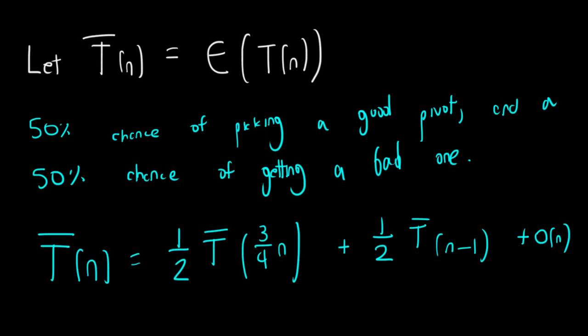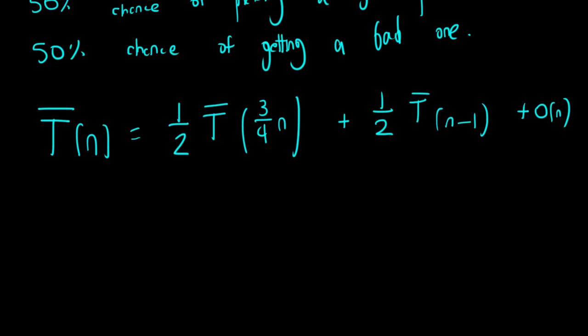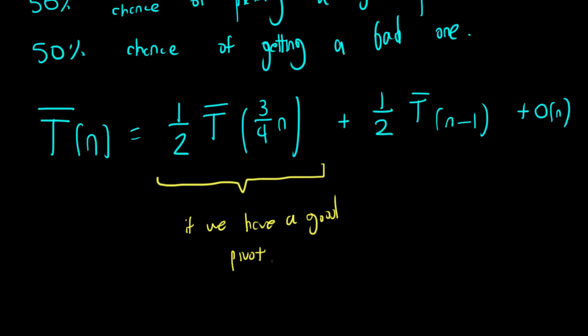So let's take a look at all this here. We will label this with yellow. If we have a good pivot, the worst case for getting your good pivot is that you're going to contain 75% of your data.